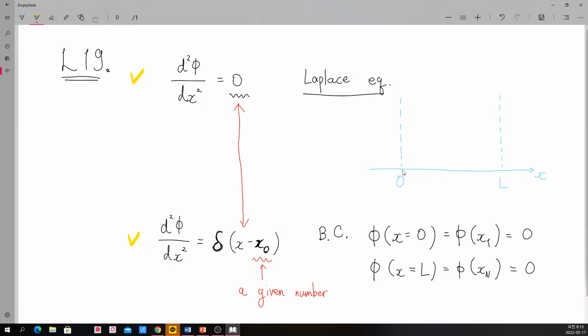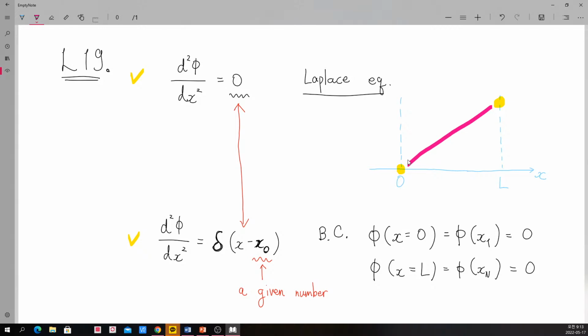For example, at the leftmost node we have 0, and at the rightmost node we have a non-zero value, for example 1, and with this boundary condition we can solve the Laplace equation. As we all know, the solution is just a straight line, a linear function, because a linear function always vanishes when we take the second derivative.